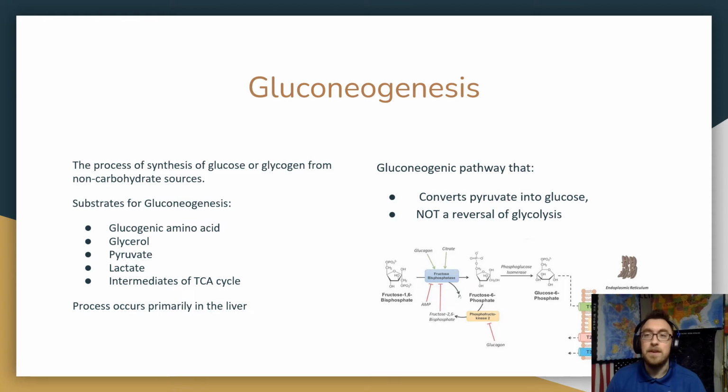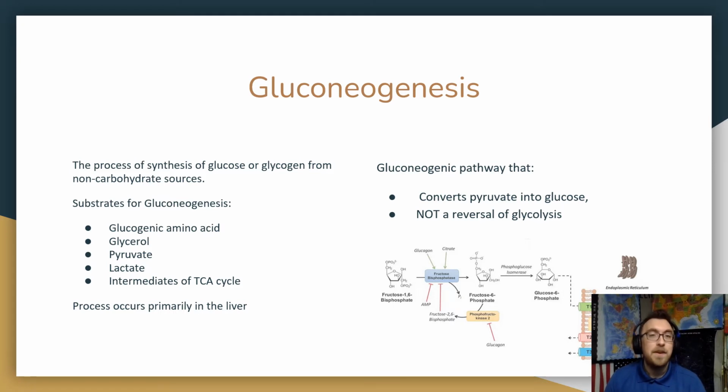For example, the brain needs 120 grams of glucose per day. The liver has about 190 grams of glucose stored as glycogen, or about a day's supply. Glucose can be synthesized in the liver from pyruvate, glycerol, and amino acids. Gluconeogenesis is not the reverse of glycolysis, though.